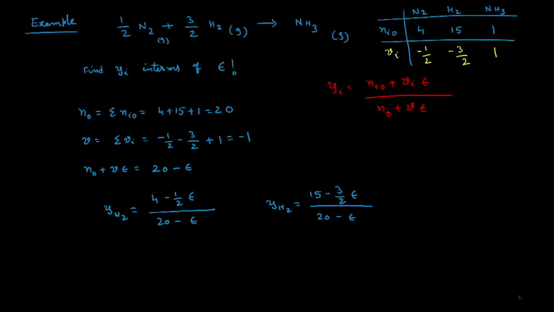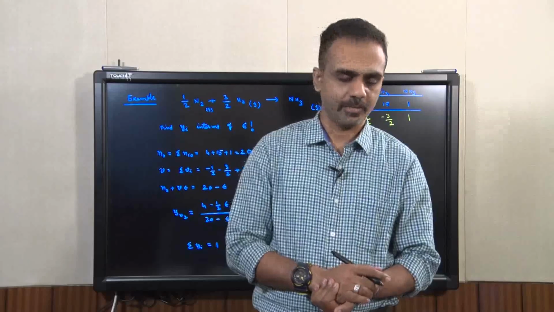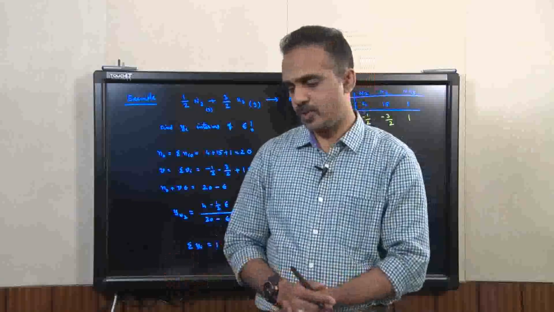And for ammonia, this time it's a product, so nu i is positive: 1 plus epsilon over 20 minus epsilon. So those are the expressions for each of the mole fractions. And as in the earlier case, we can cross check, and it turns out that if you add all these mole fractions, it will be 1, which it should be. So that's how we cross checked what we just derived.